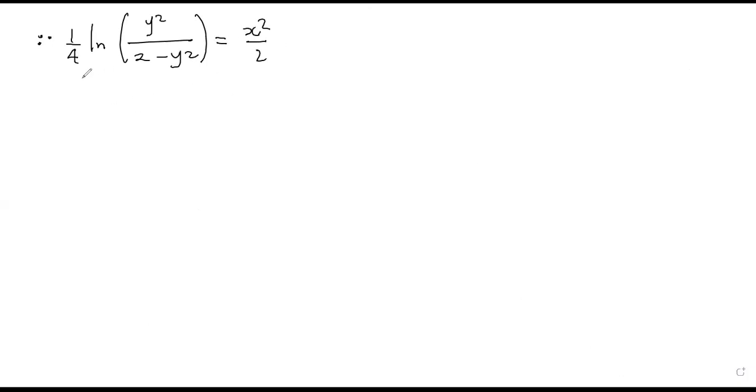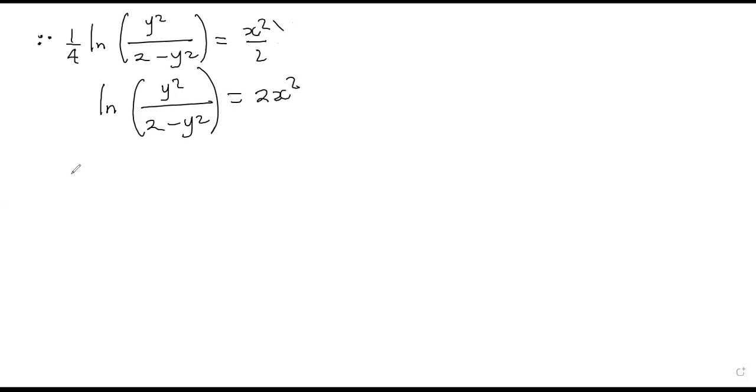If you multiply by 4 throughout, I will have ln y squared over 2 minus y squared equal to, when you multiply by 4 here, 2x squared.